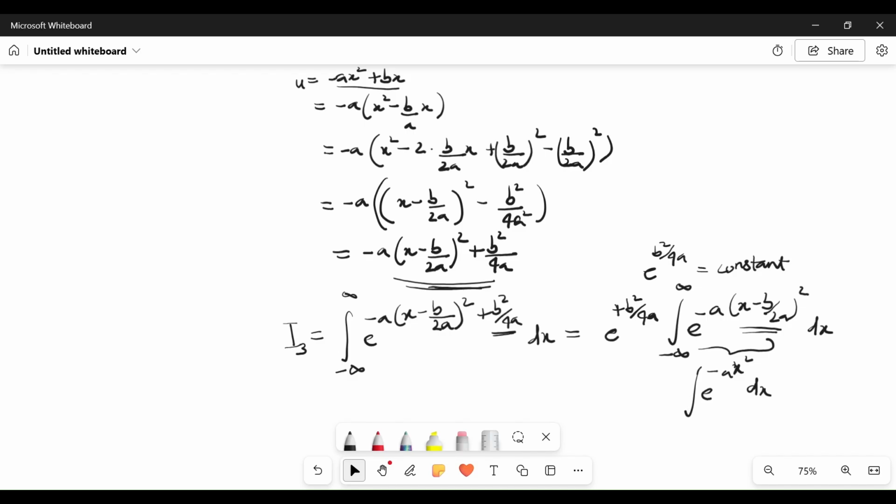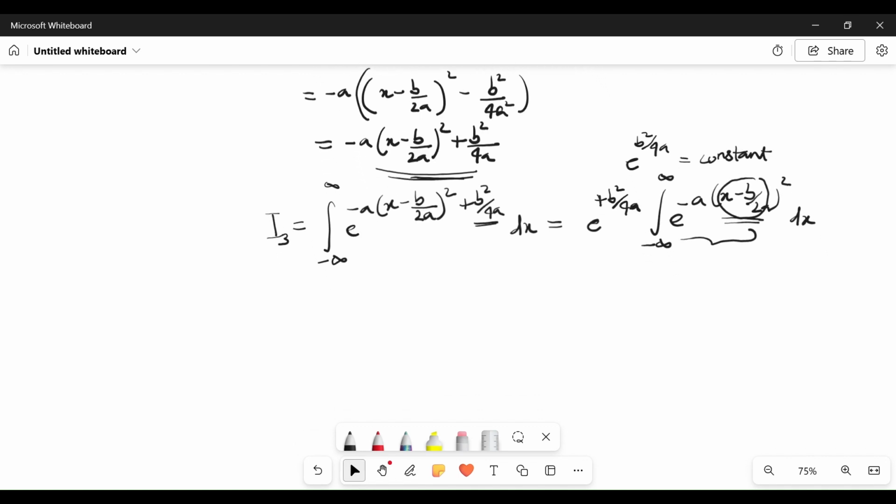Or if you have any difficulty, let's take x minus b by 2a to be some t, or maybe some p, such that dx will be dp, and the limits will be the same. As x tends to infinity, p will also tend to infinity, and the same for minus infinity.